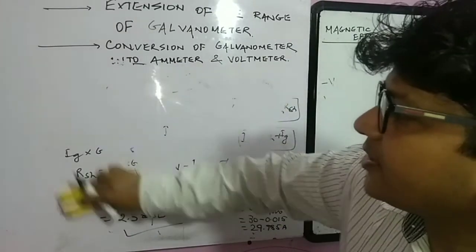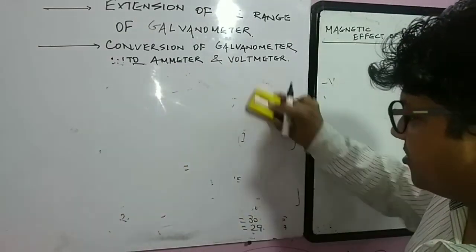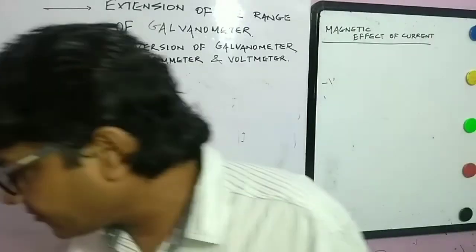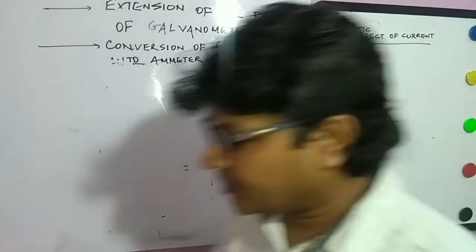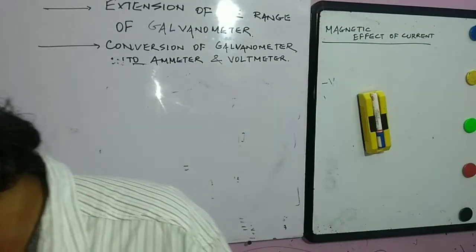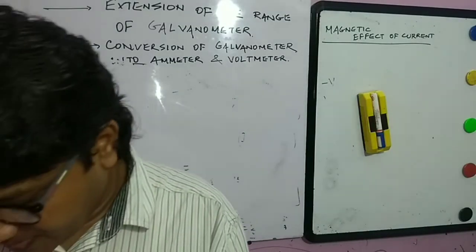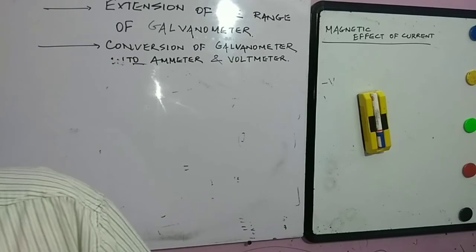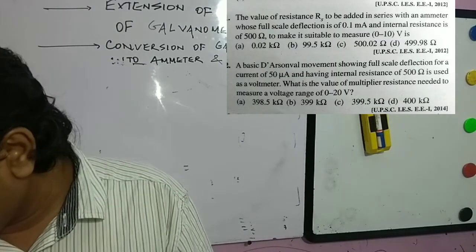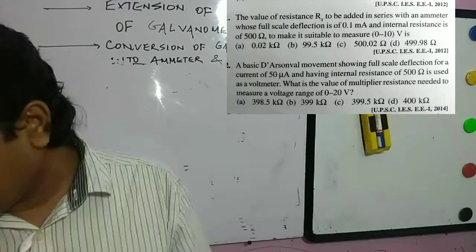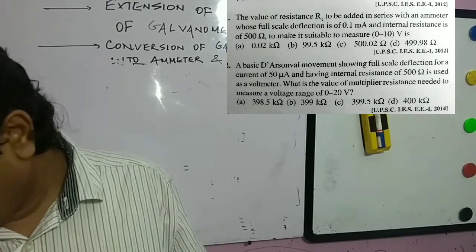So now I am coming to another problem, and that is based on the voltmeter. In the voltmeter section we are talking about this. The problem is, a 50 microampere meter with an internal resistance of 1 kilo ohm is used as a DC voltmeter of 50 volt.